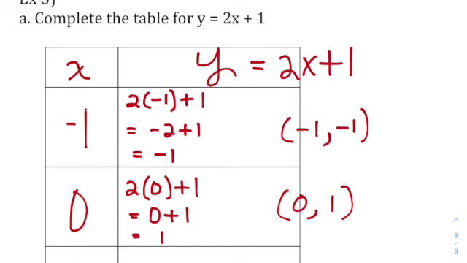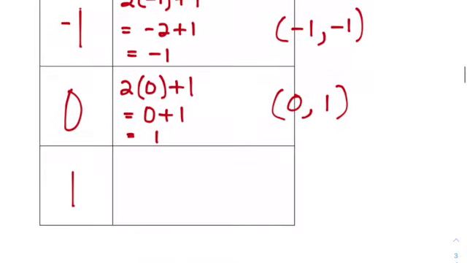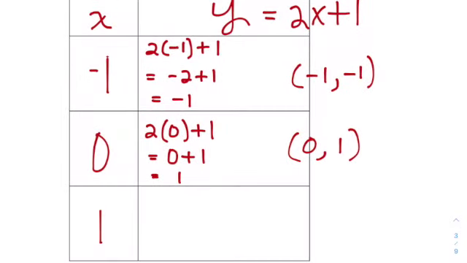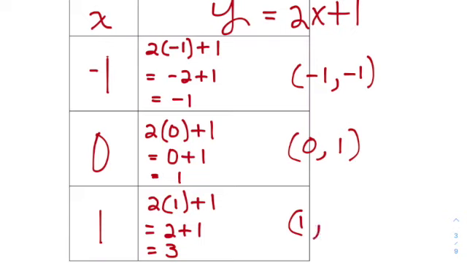Those are your ordered pairs. The next one is going to be 2 times 1 plus 1. If you do 2 times 1, that's 2, plus 1, that's 3. And so your ordered pair is 1, 3.